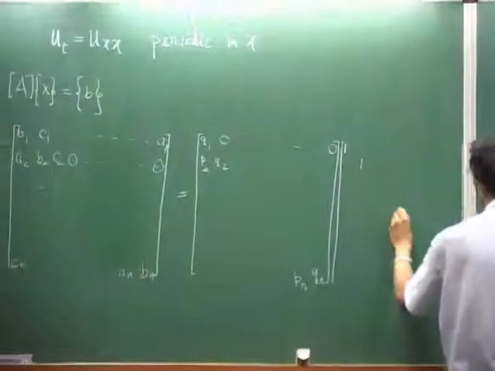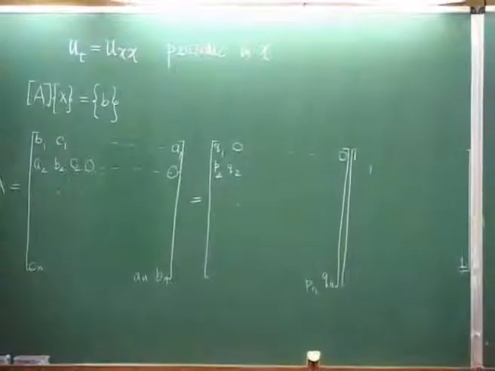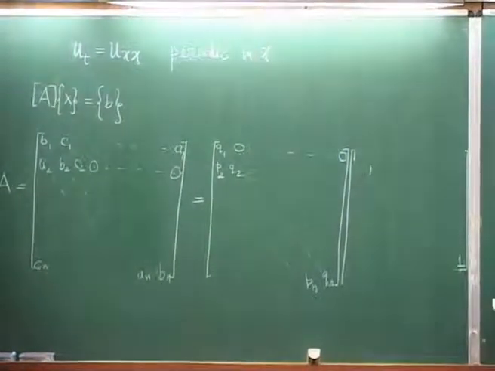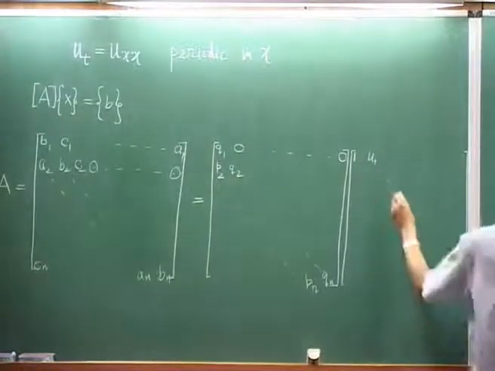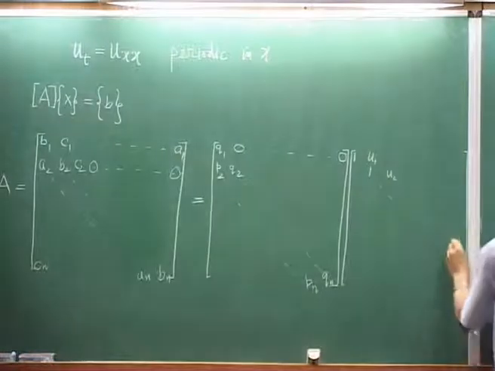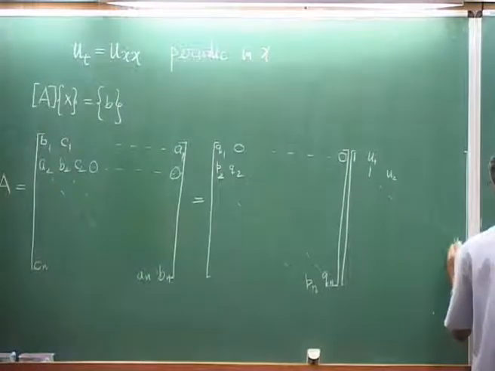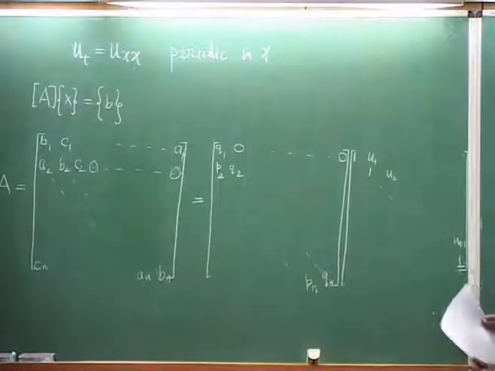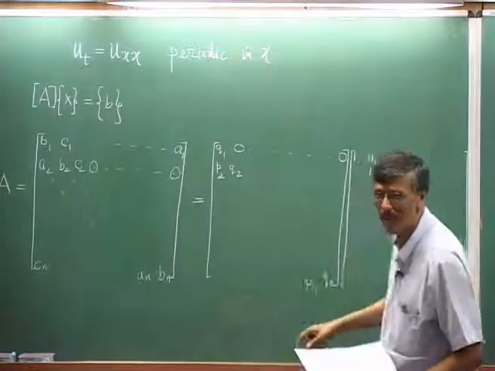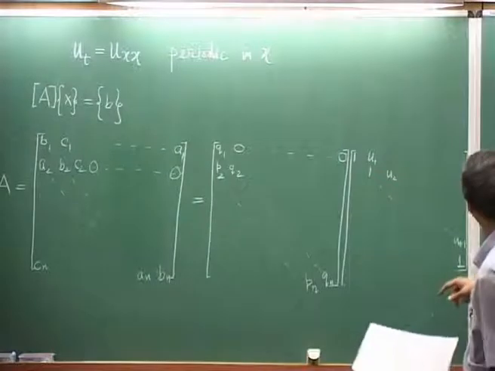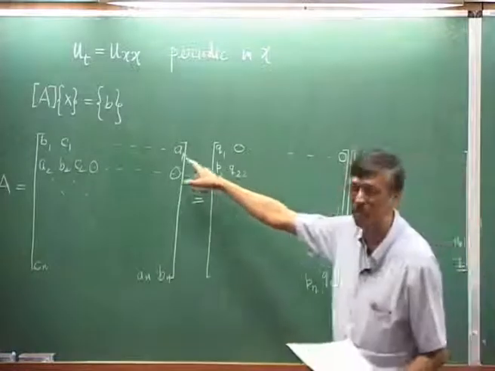So, we will have again an upper triangular matrix with the diagonal entry as 1, and the super diagonal terms we would write like u 1, and there would be u 2 and all the way up to u n minus 1. Now, you see, to account for this entry a 1 here, you cannot afford to have all these things 0, otherwise you will not be able to match that a 1, is it not?